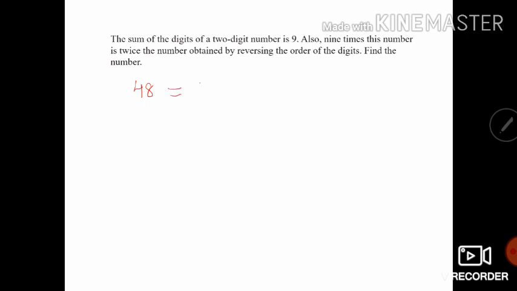48 can be written as 4 times 10 plus 8 times 1. So the digit in the tens place is 4 and the digit in the ones place is 8. In this example, to find the 2-digit number, we will have to first find each digit.